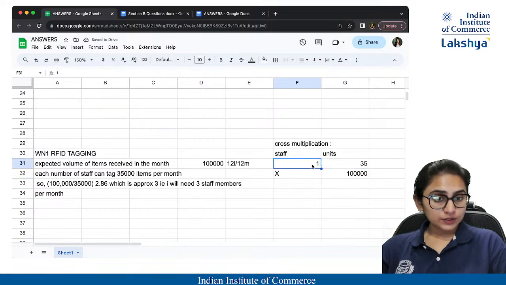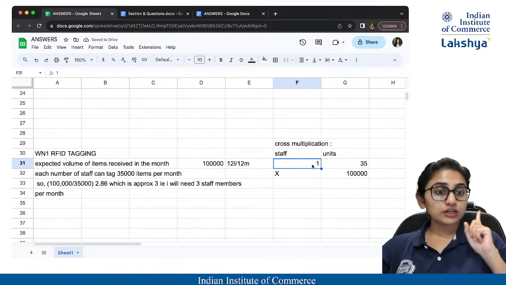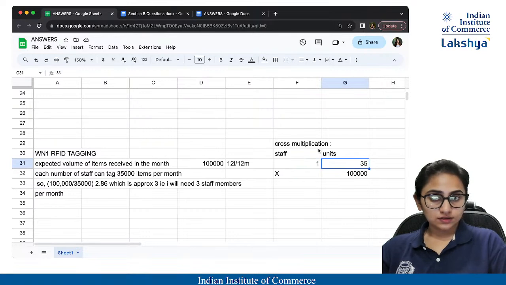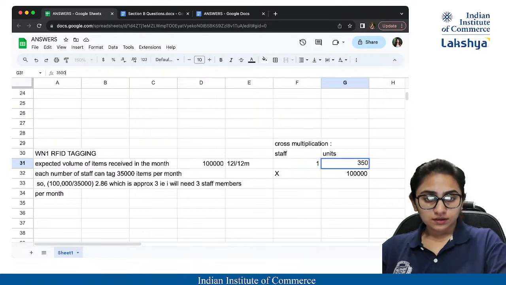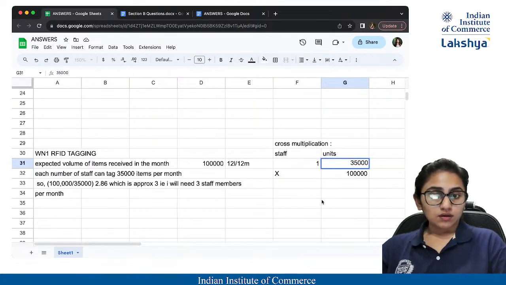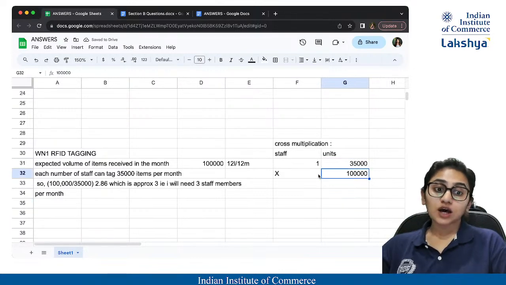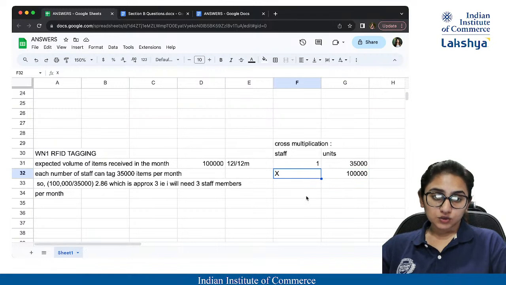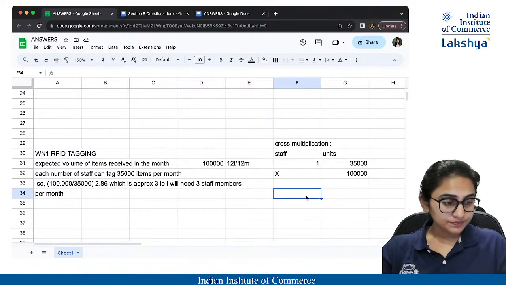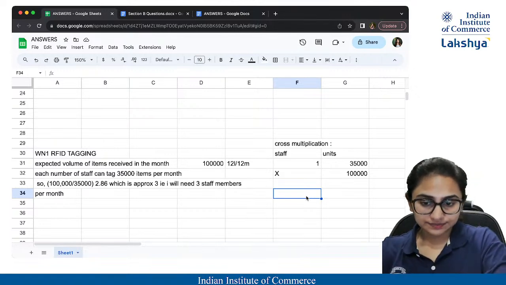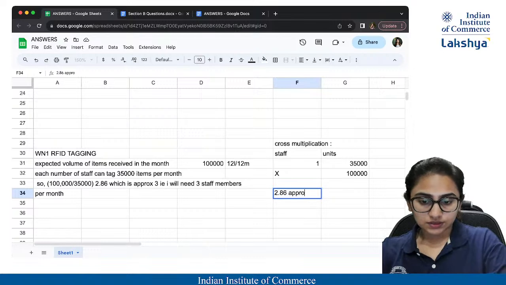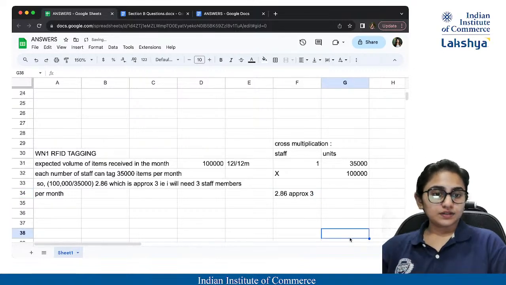In our data we know that to do 35,000 units, one staff is required. So to do 1 lakh units, how much staff is required? The staff required is 2.86, approx 3. Did you understand the cross multiplication?